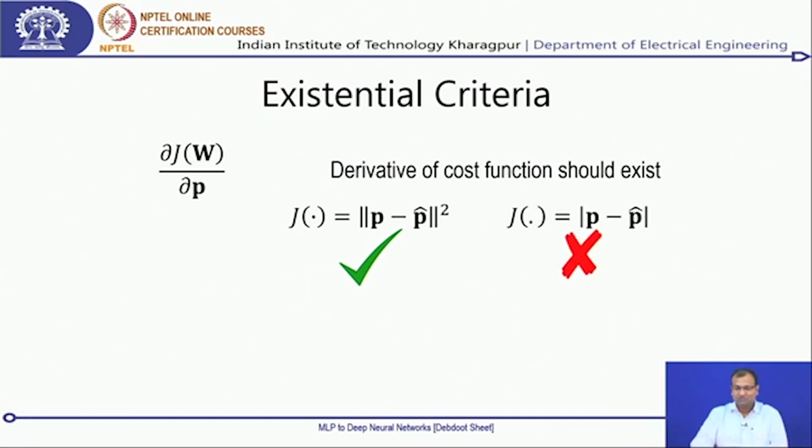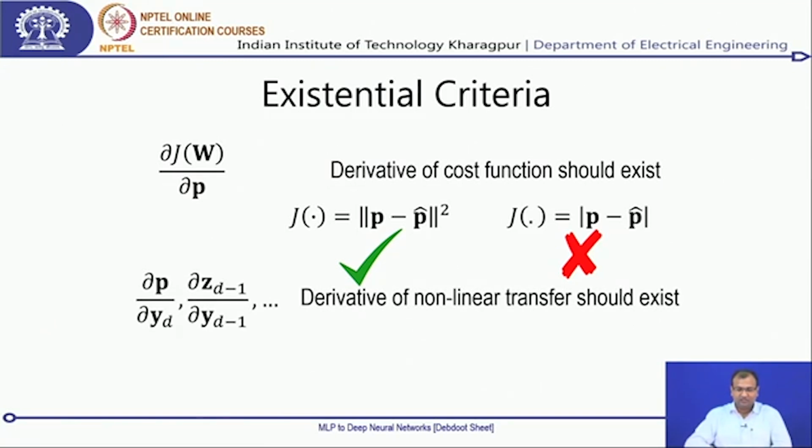One of the reasons is that you will have some sort of discontinuity at 0. You have an L1 norm, or just a mod. So mod of p minus p hat is always a non-negative value, and this does have a discontinuity at x equal to 0, and that is one of the reasons why this direct absolute summation will never have a derivative.